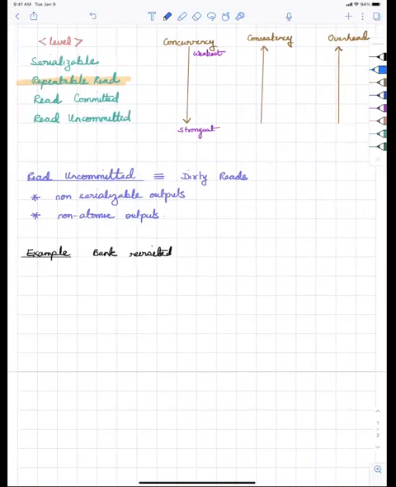User 1 is doing transaction T1, which is updating the accounts table.